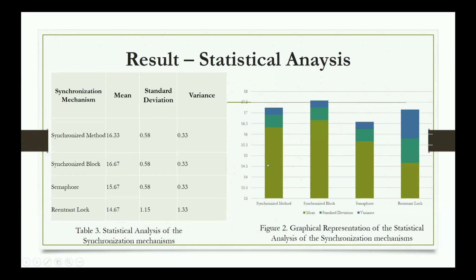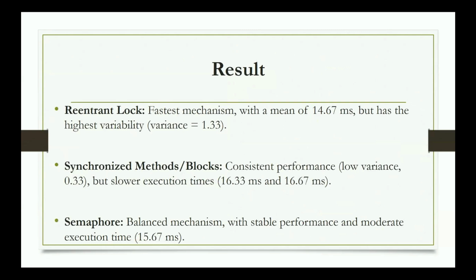But for the other methods, synchronized method, synchronized block, and semaphore, although the execution time is high, they're fairly stable, looking at their standard deviation and their variance. They're fairly stable across the different platforms.